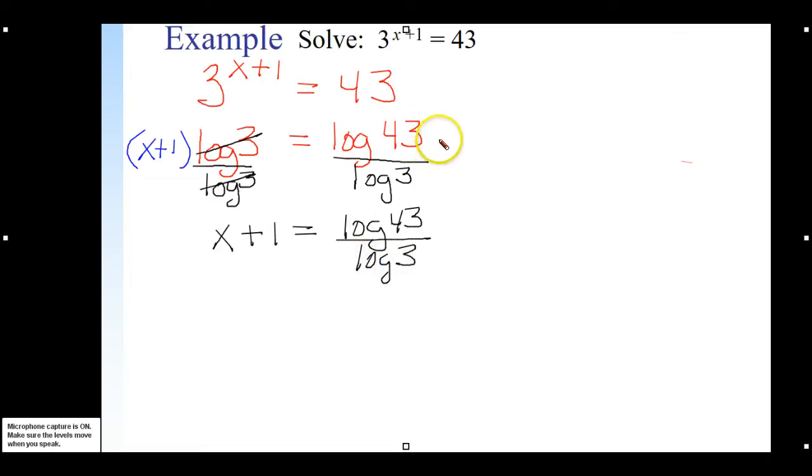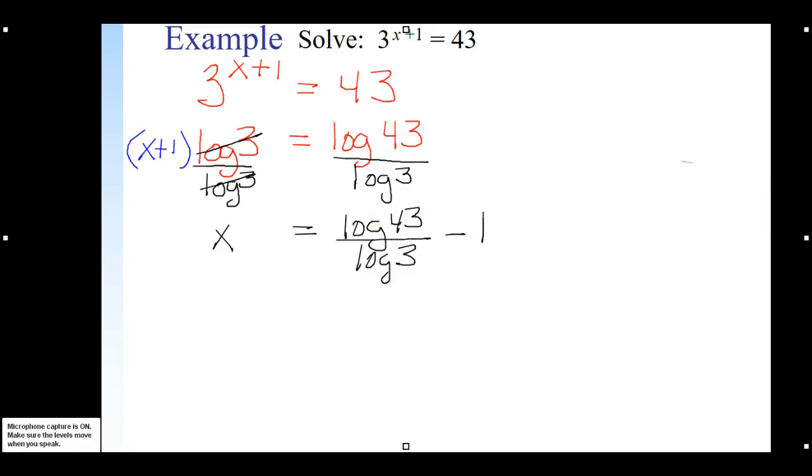Now, how do I get the x by itself? Well, I subtract 1 from both sides, or just transpose this to the other side where it becomes a negative 1 over here, and I'll erase this to save a little room. But you have the notes.